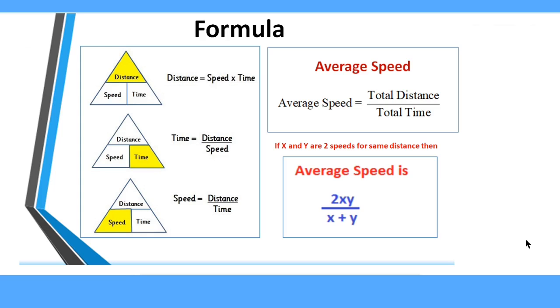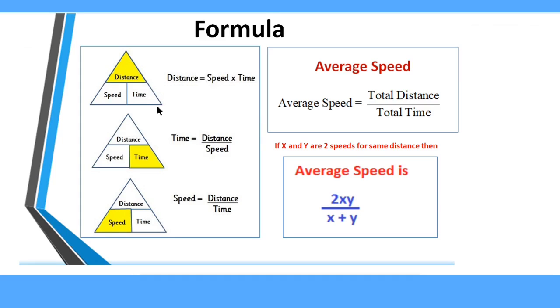Now we go to the formula used in speed, distance and time questions. This is called the distance, speed, time triangle. Here this is distance, speed and time. So distance equals speed multiplied by time. Now time equals distance upon speed and speed equals distance upon time.